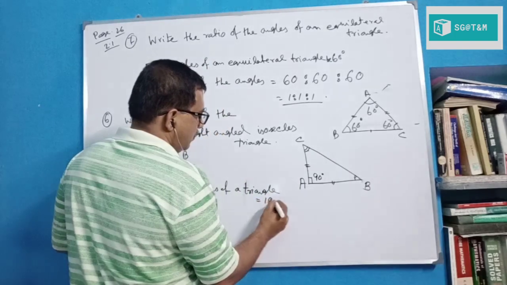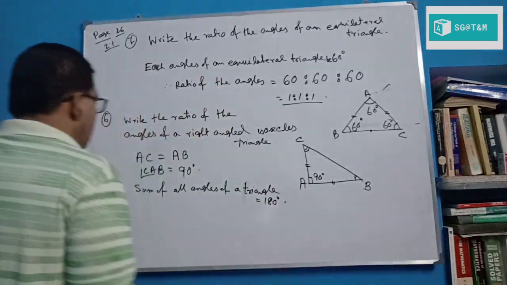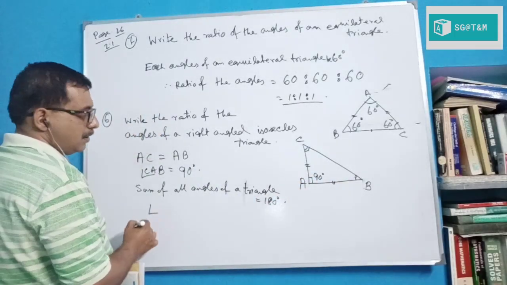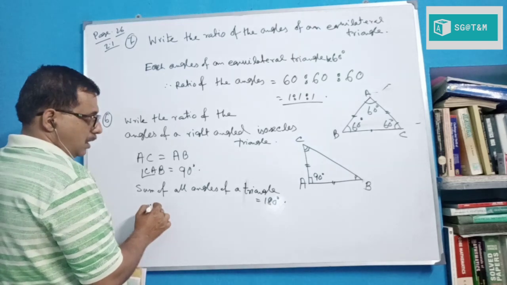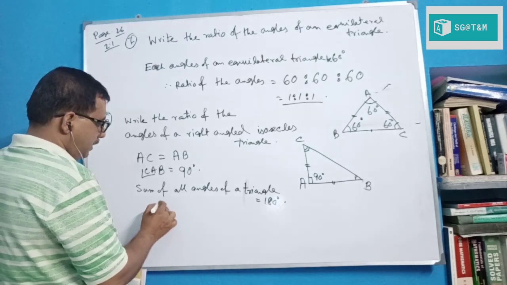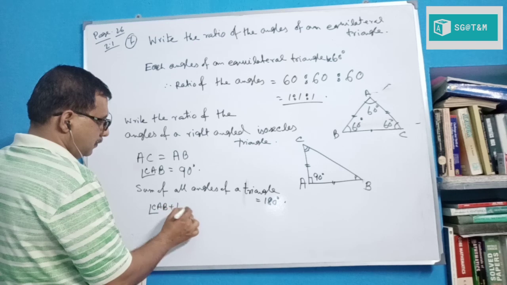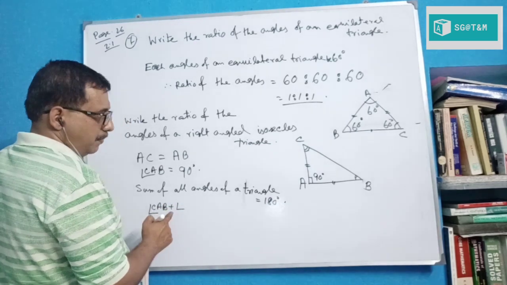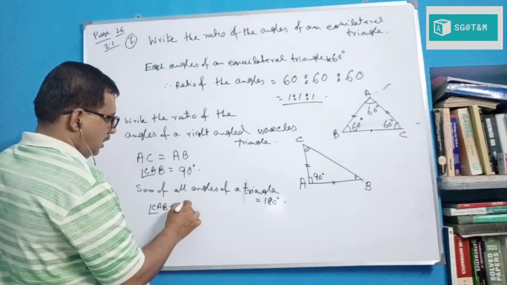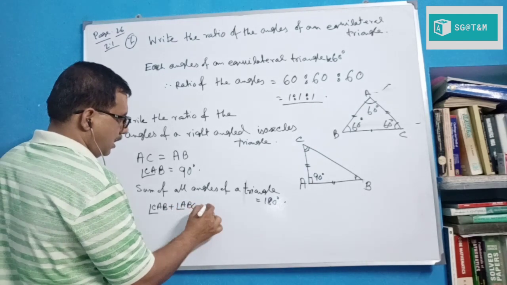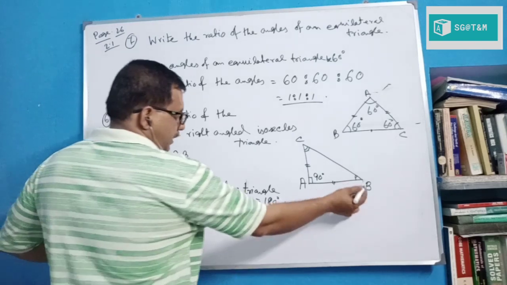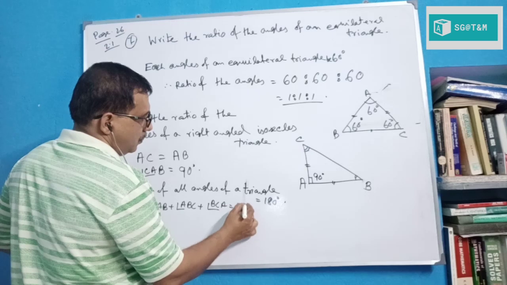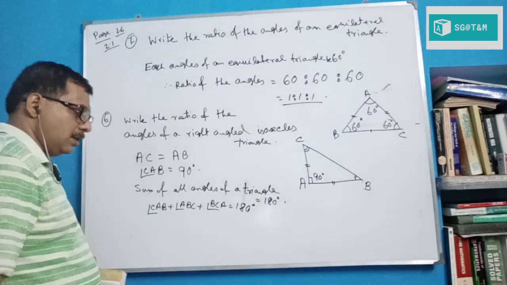The sum of all angles of a triangle is equal to 180 degrees. That is, angle CAB plus angle ABC plus angle BCA equals 180 degrees.